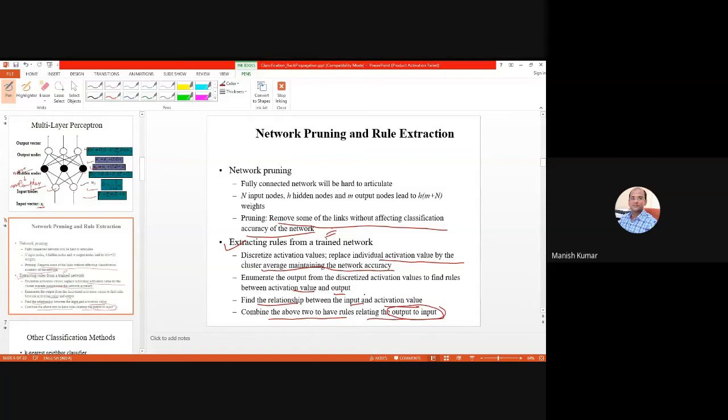So this way you can extract rules out of the trained network. I think this will be more clear when you solve the numericals. In the next tutorials, numericals will be solved based on these concepts, and you will get some more problems, some easy and some difficult, for your practice also. Okay.